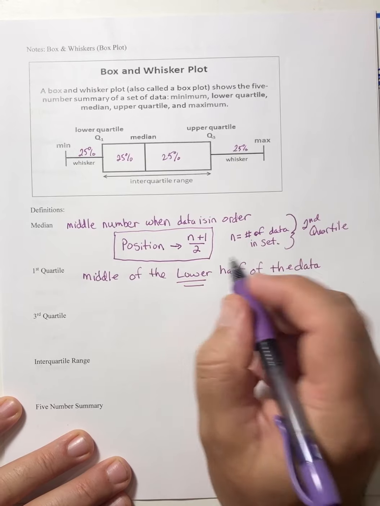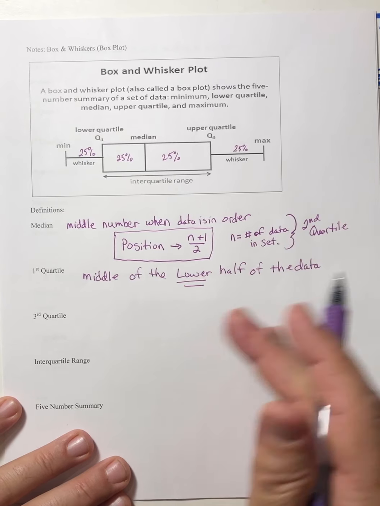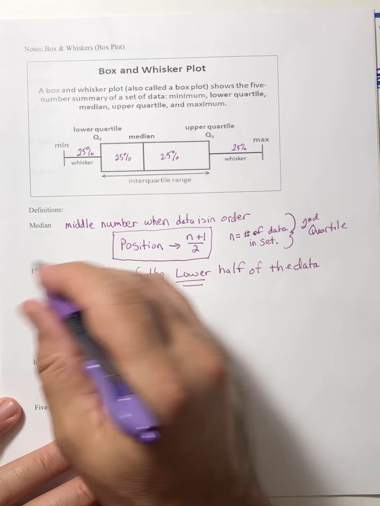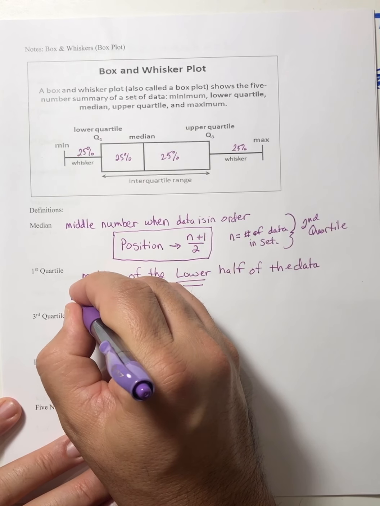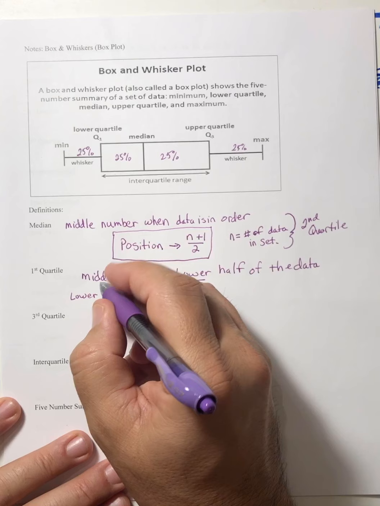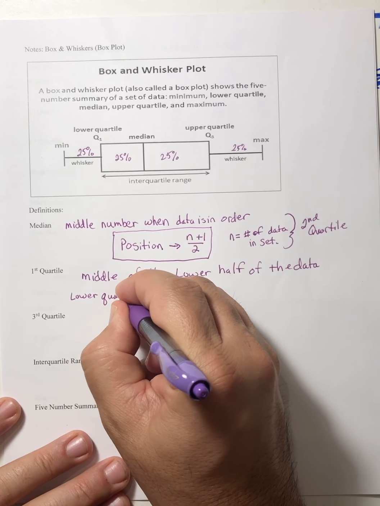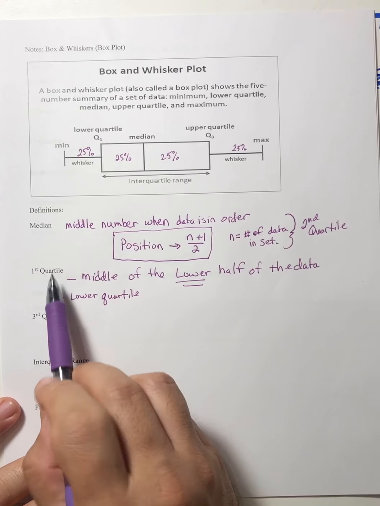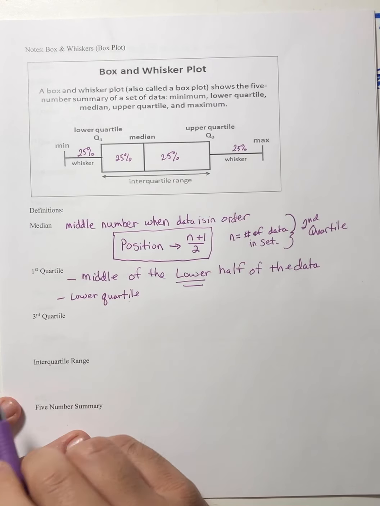Notice I said lower half. That would be the first half, so the smaller numbers up to the median. So sometimes the first quartile is called the lower quartile.